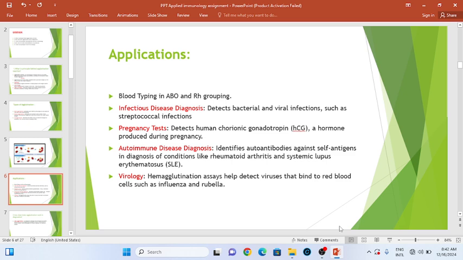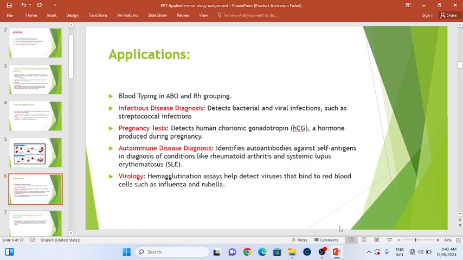And here are some applications of agglutination. Agglutination is used in blood grouping like ABO and Rh grouping. It is used in infectious disease diagnosis, like detection of bacterial and viral infections such as streptococcal infection. It is used in pregnancy tests, to detect human chorionic gonadotropin, which is a hormone produced during pregnancy.